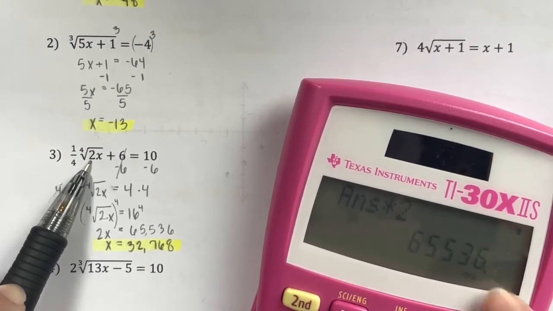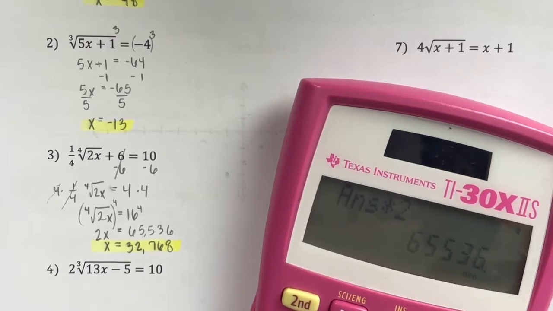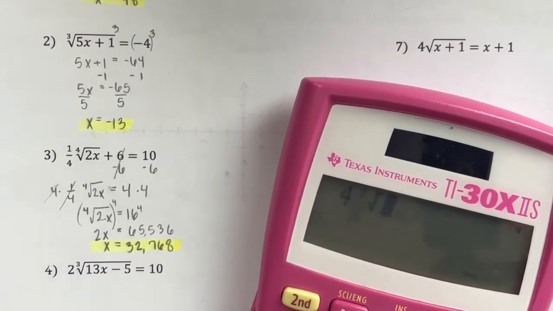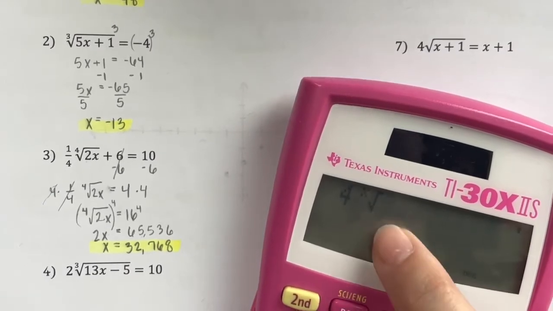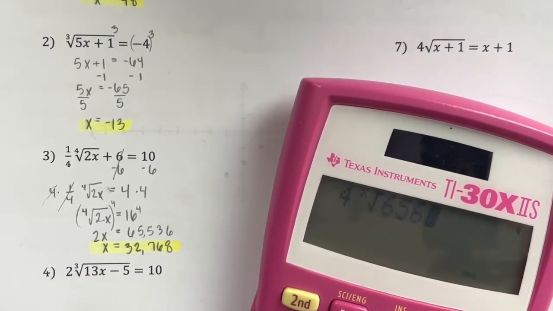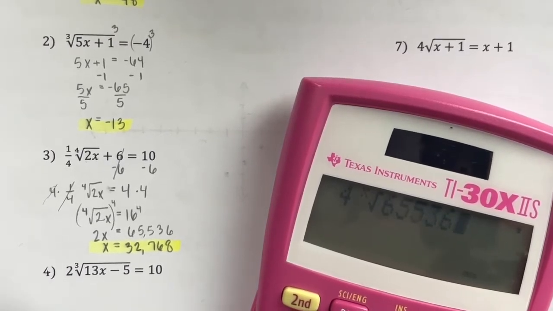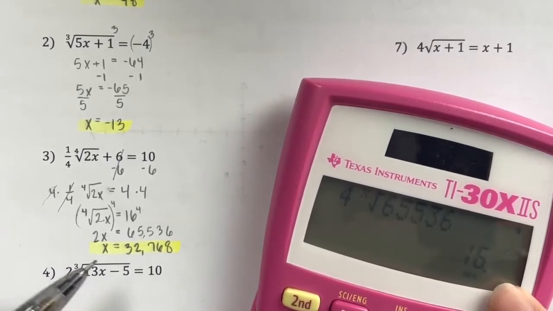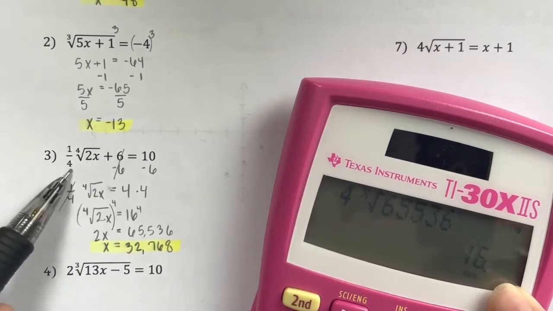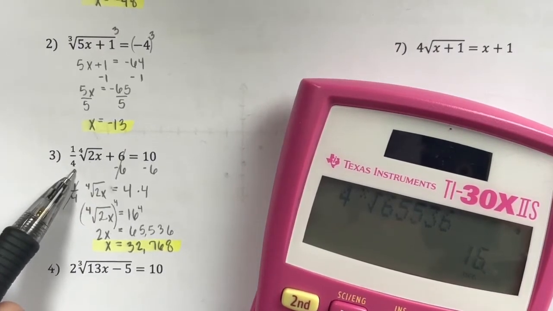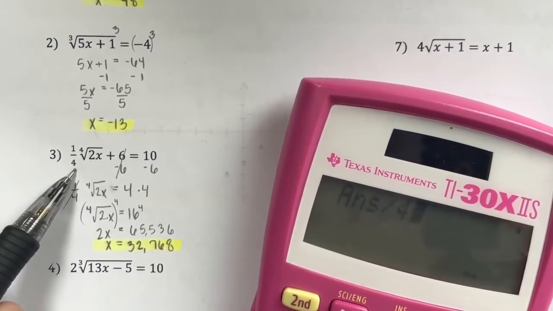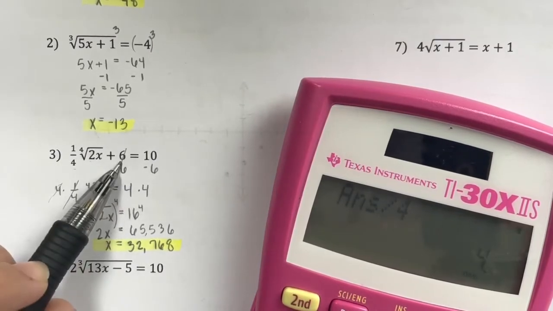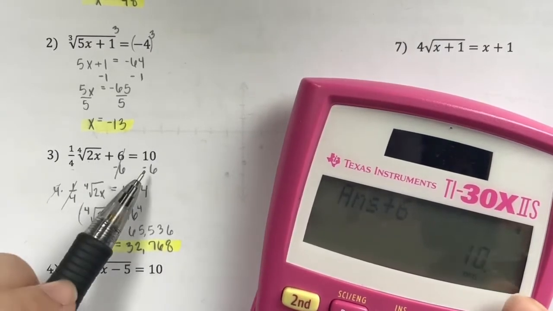And then I want to take the fourth root of that number. So if I want to take the fourth root of something, I have to hit 4, and then second, and the little square root with the x. So this is the fourth root of 65,536. And then that's 16. And then I can multiply that by 1/4, or I can divide it by 4. Either way works. And then add 6 gets me back to 10.